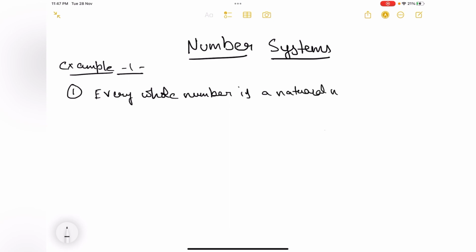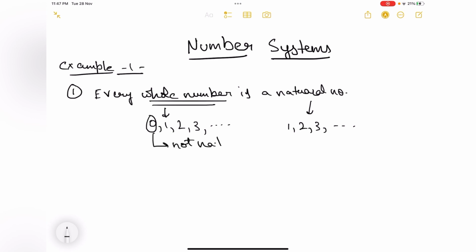Now, is that true? It is not, right? So what are whole numbers? Whole numbers are numbers starting from 0, integers that are not negative. So 0, 1, 2, 3 and so on. What is a natural number? A natural number is a positive integer. So 0 is not a natural number, right?